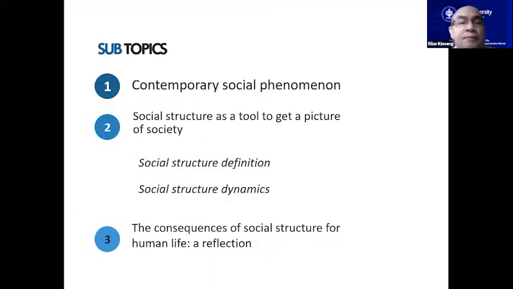We have three subtopics: contemporary social phenomenon, and then social structure as a tool to get a picture of society. We discuss social structure definition, social structure dynamics, and lastly, the consequences of social structure for human life, a reflection.